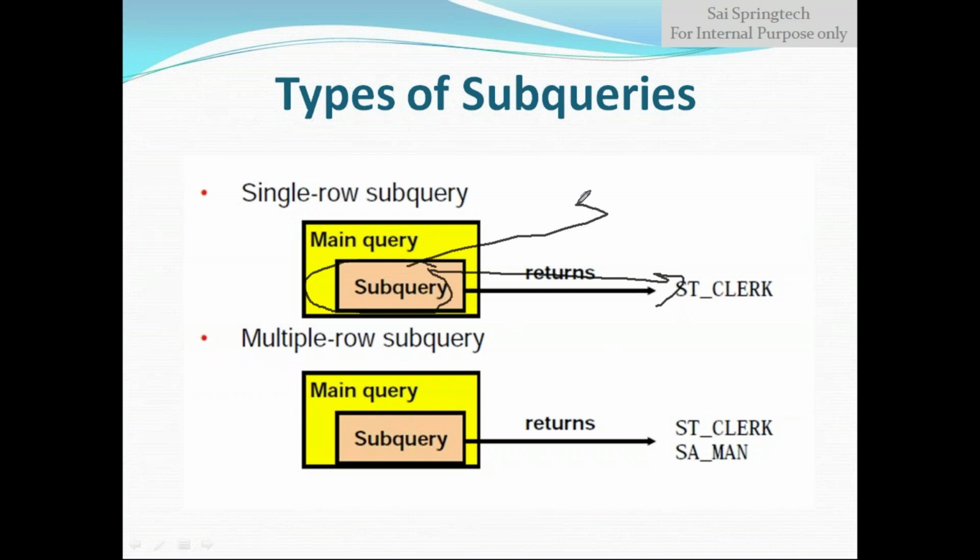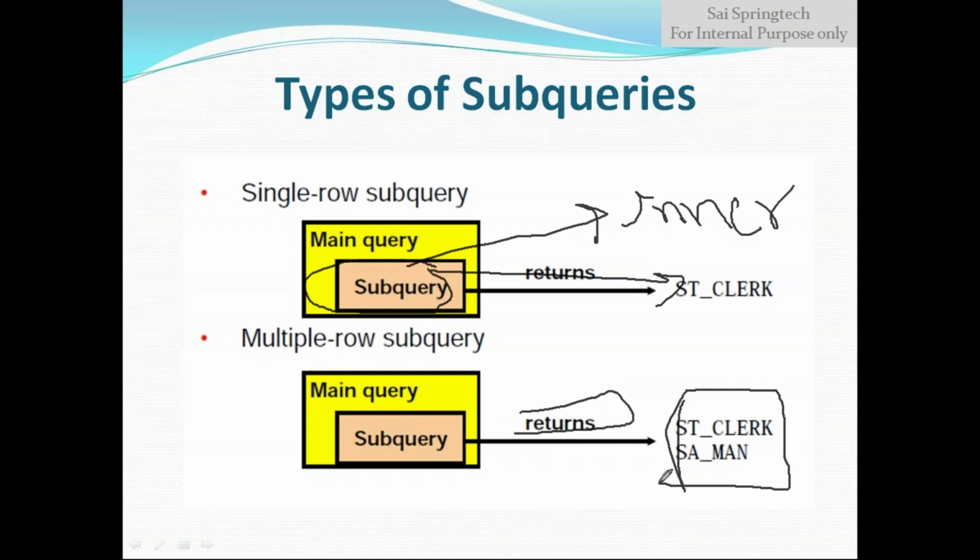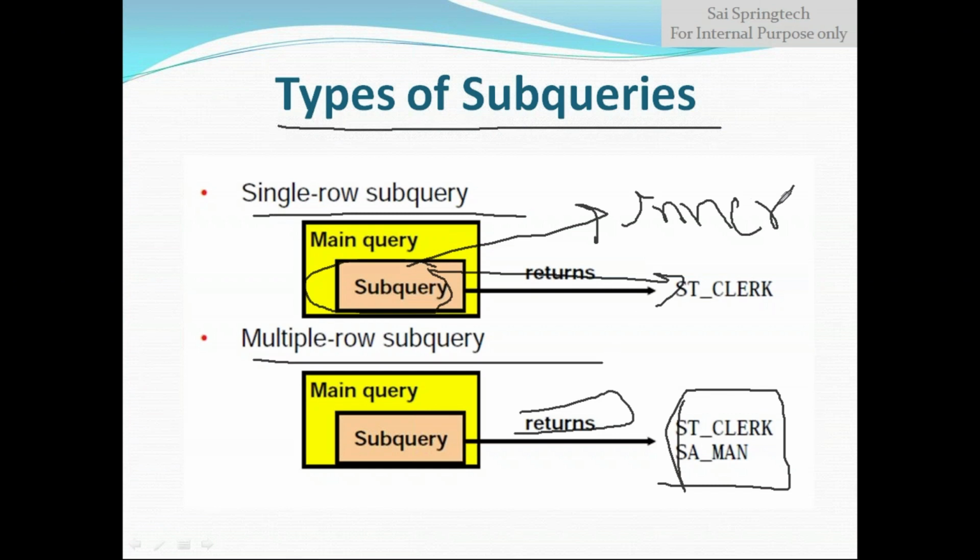This is the inner query, also called the subquery. In multiple row subqueries, the inner select statement returns more than one row. This is how we have divided the types of subqueries: single row subquery and multiple row subquery.